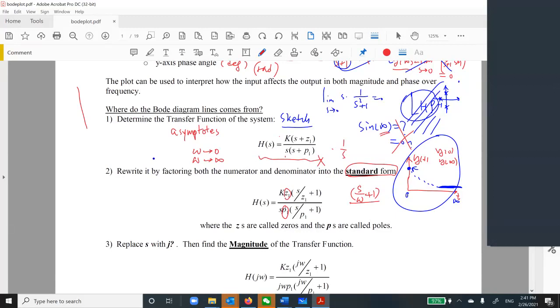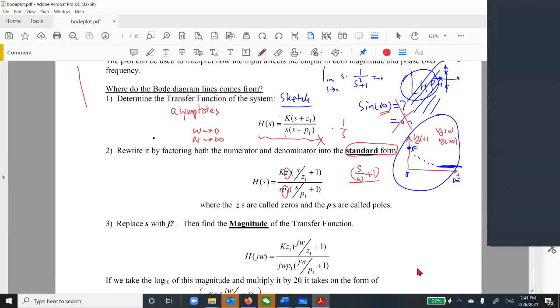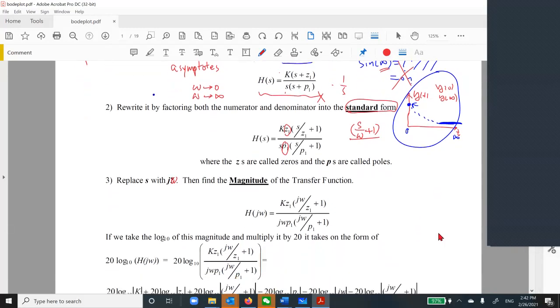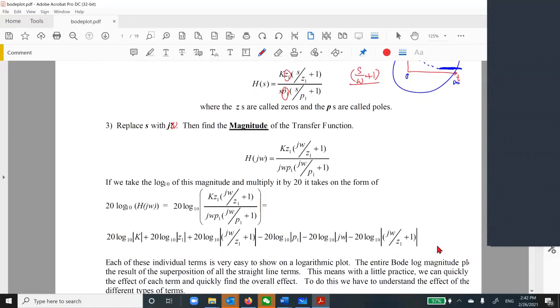After that, you replace s with j omega. So whenever you see s, it is j omega. Then we try to find the magnitude of the transfer function. Everything that is s becomes j omega here.